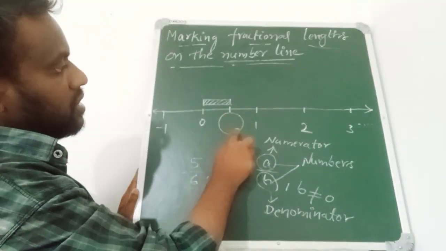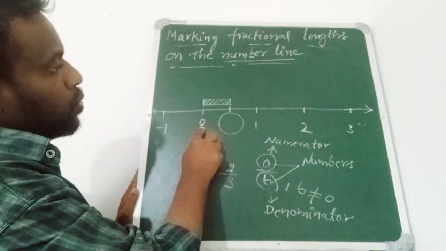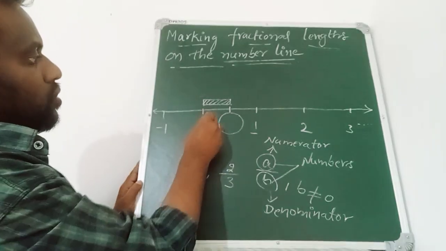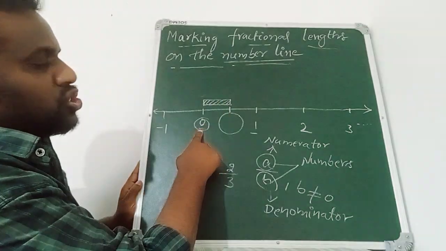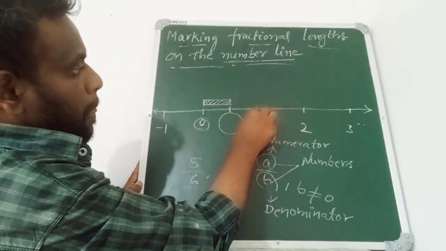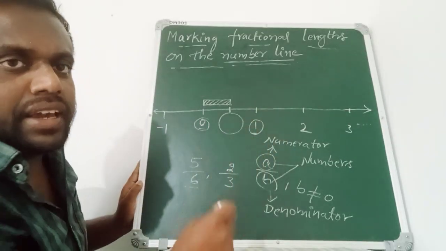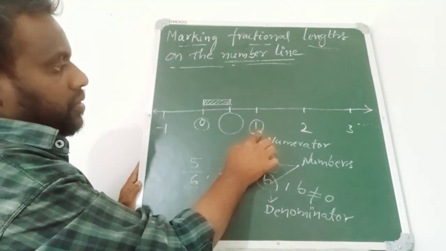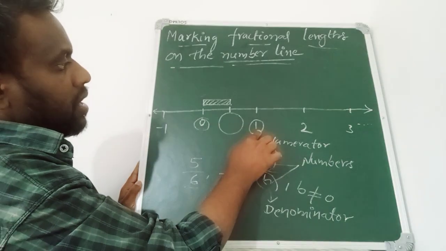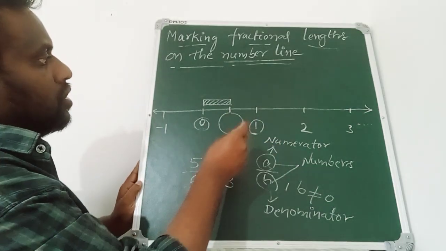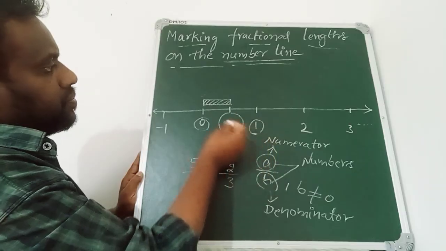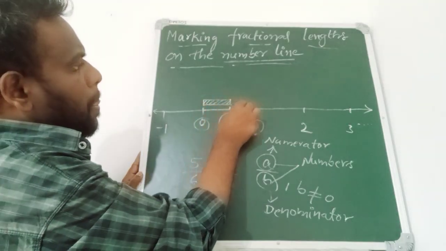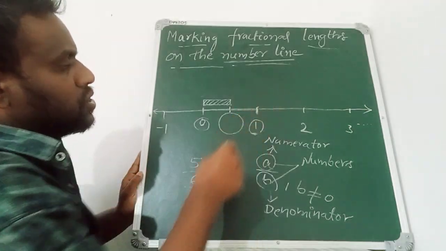So this circle lies between 0 and 1. This 0 is the starting number. This 1 is like the ending number. Now first you have to find the length from here to here. So how much is it?